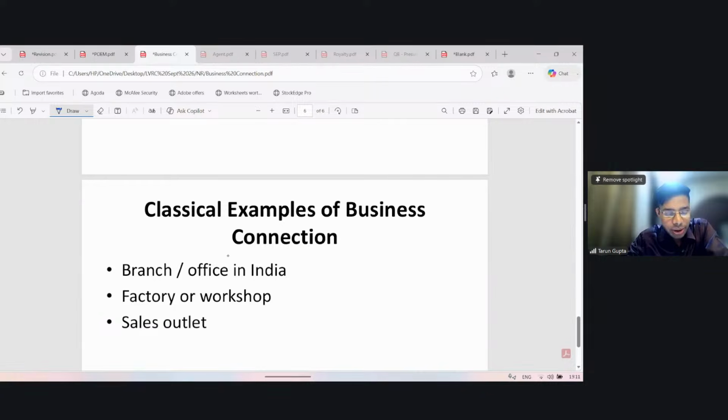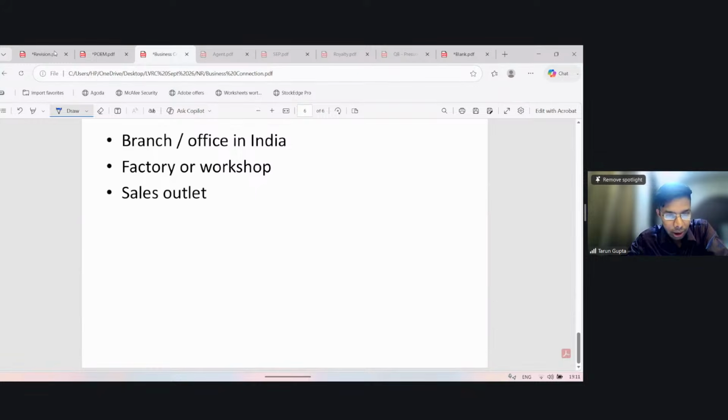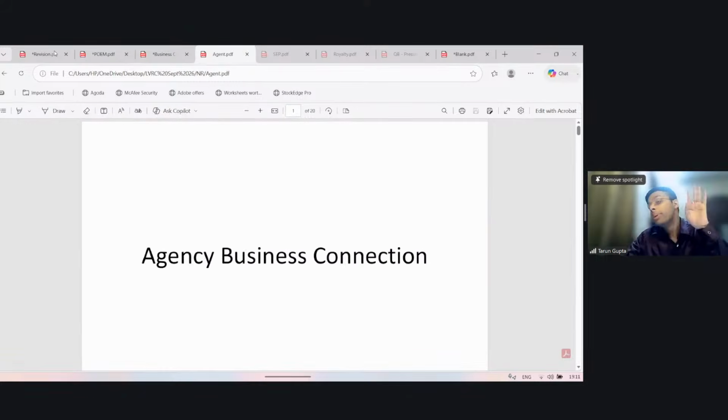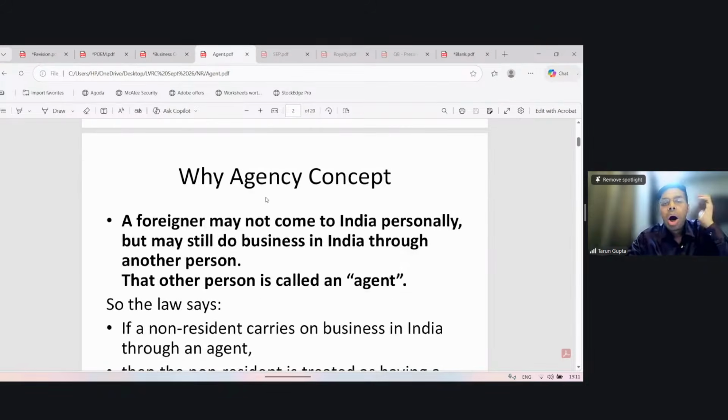Classic example of business connection: branch or office in India, factory or workshop or sales outlet. This was historically the business connection concept. Now, agency business connection. Why was it launched? Because a foreigner may not come to India personally, but may still do business in India through another person.